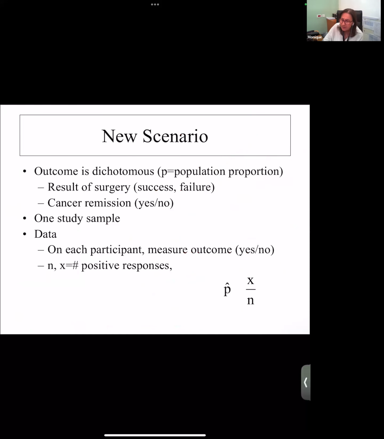Okay, so now the other scenario. I'm going to do another example, and then we'll open the t table and get the numbers. So the new scenario is that the outcome is dichotomous. Like the result of a surgery, succeeded or failed. Cancer remission, yes or no. Do you have diabetes, yes or no?